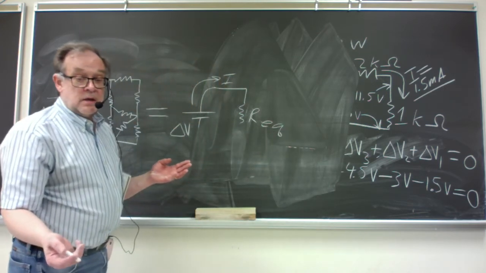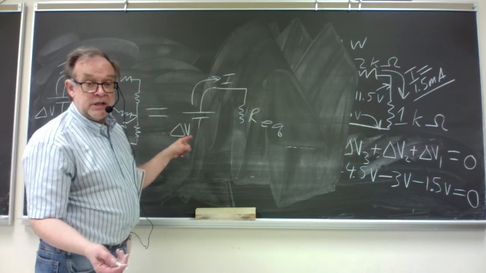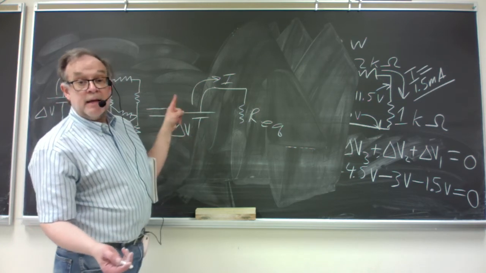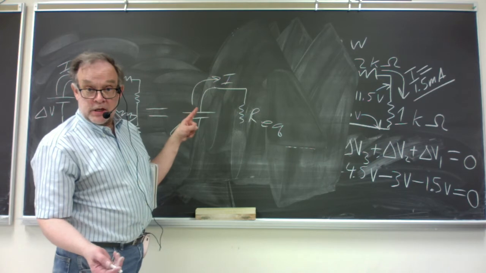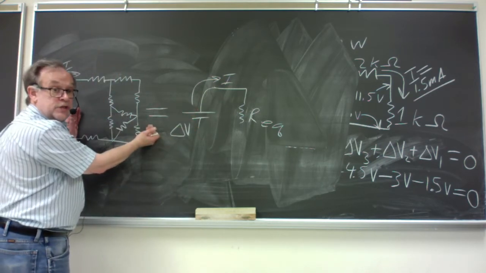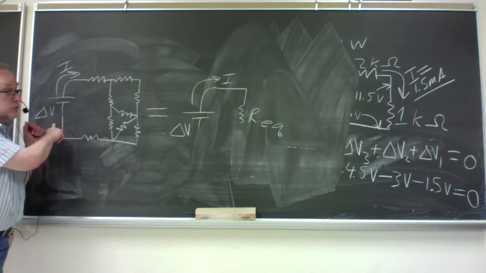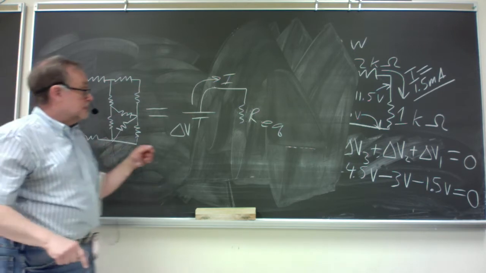because in combination with the same potential difference as before, it gives us the same current as before. This mess of resistors in combination with this potential difference gave us this much current.